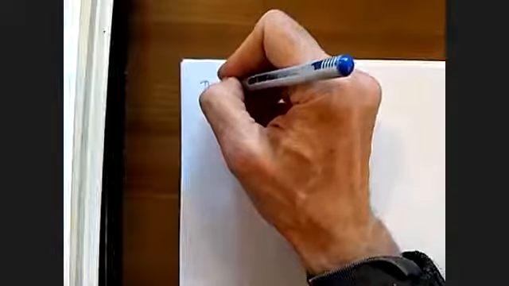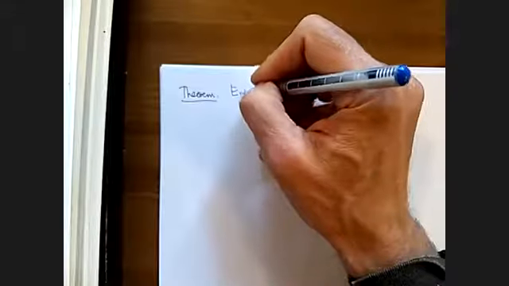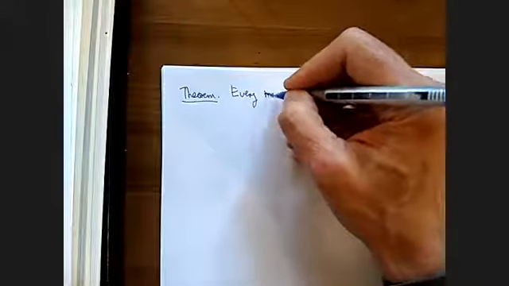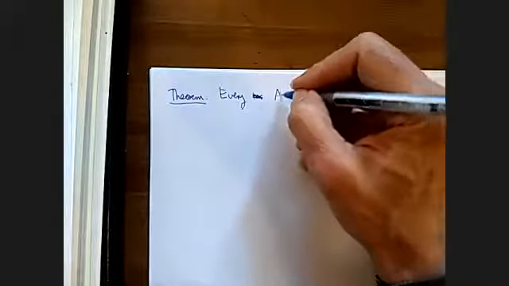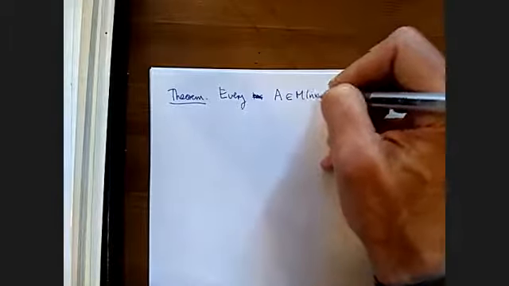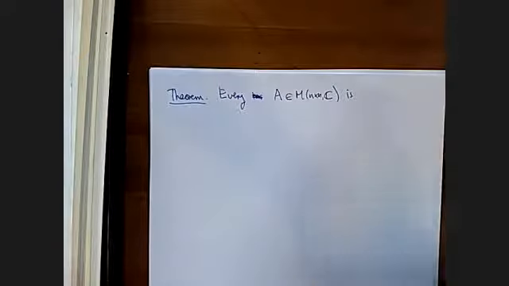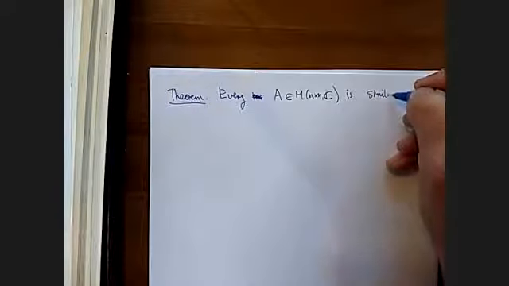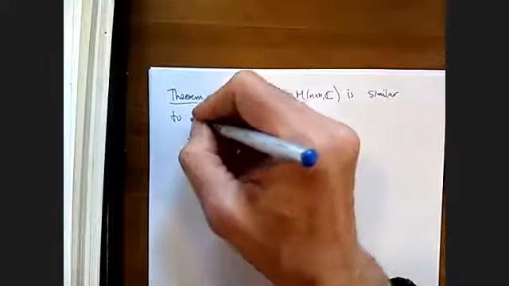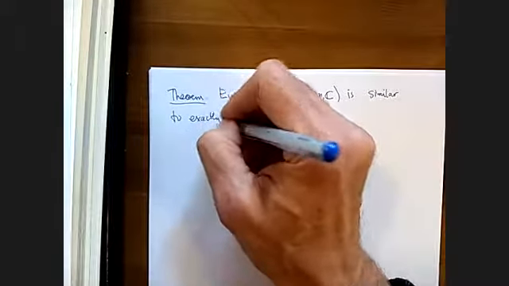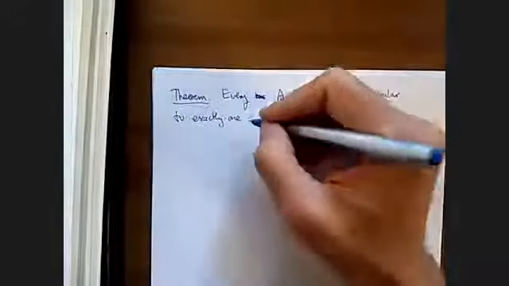And so the theorem, which we will not prove, it's quite a difficult theorem, is that every square matrix A with complex coefficients is similar to exactly one matrix.